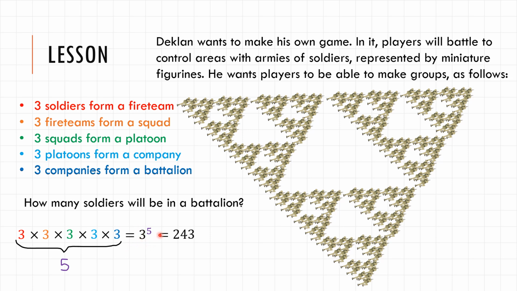This is the exponential operation. This is something called a power. 3 to the power of 5 means we are taking this number 3 and multiplying it by itself a total of 5 times. And the total for that would be 243.